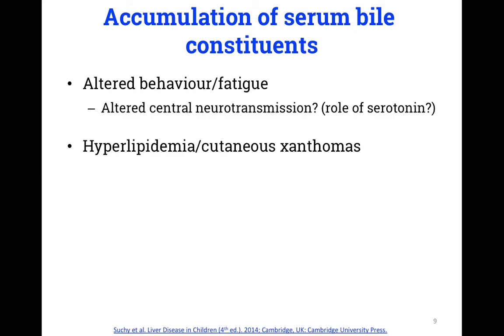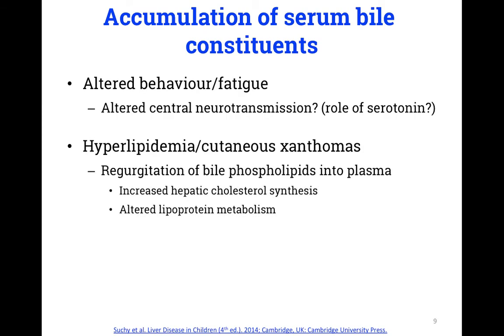Now, hyperlipidemia and cutaneous xanthomas are better described as to how they occur, but again, there are some gaps. So the thought is that bile phospholipids leak into the plasma and induce secondary effects such as the increased synthesis of cholesterol by the liver, as well as altered metabolism of lipoproteins, which serve as the major transporters for fats and cholesterols to move around the circulation.